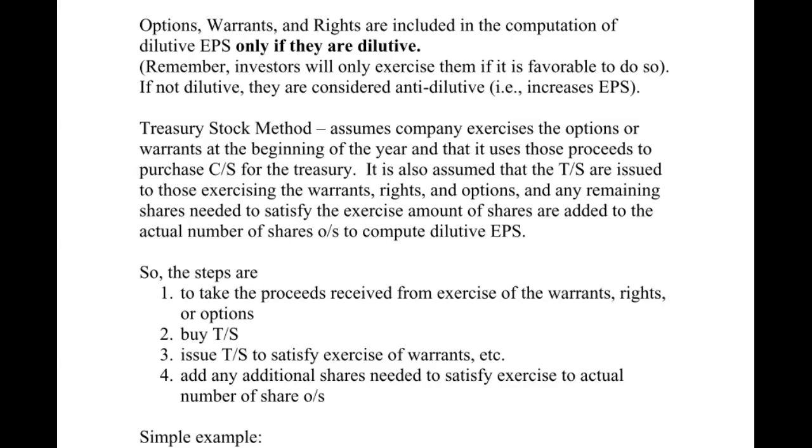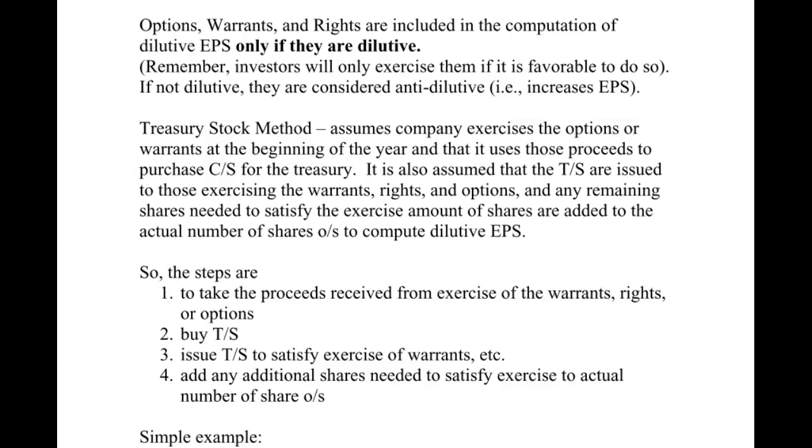All right, so how we go about doing this is what we call the treasury stock method. Now remember, I'm going to walk through this, but just keep in mind, none of this is actually happening. This is just how we measure the dilutive effect. What we're going to do is assume that the options are exercised, which means, if you look back to the options video when we were doing stock compensation, the people that are exercising the options are bringing us money to buy shares.